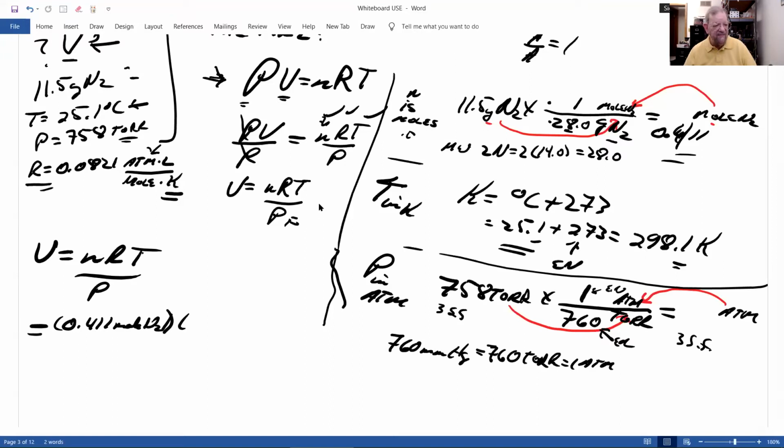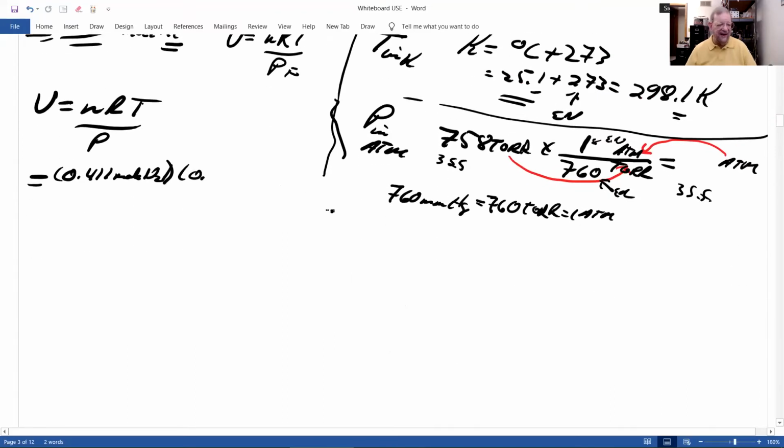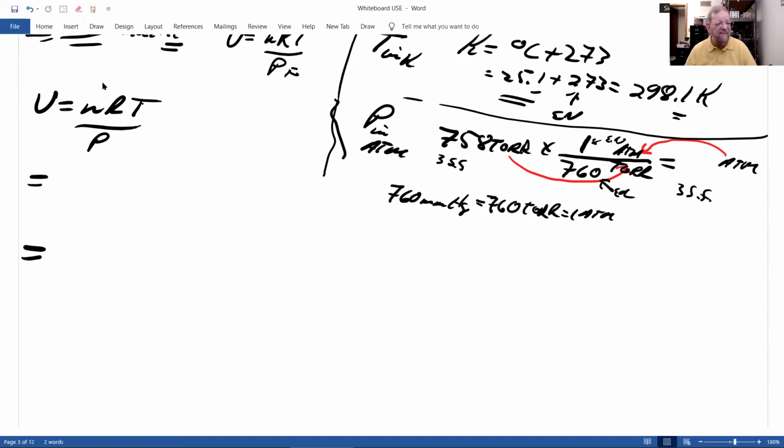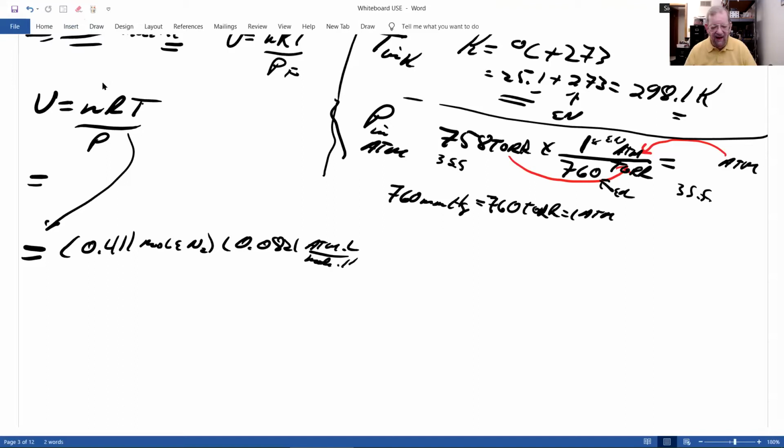What's R? This number right here. I'm going to have to go lower because I'm going to run into this. And guess what? This happens on a whiteboard in a classroom too. n was 0.411 moles nitrogen. R is 0.0821 atmospheres liters per mole Kelvin.